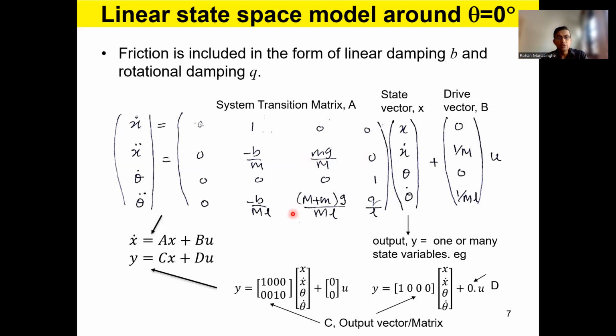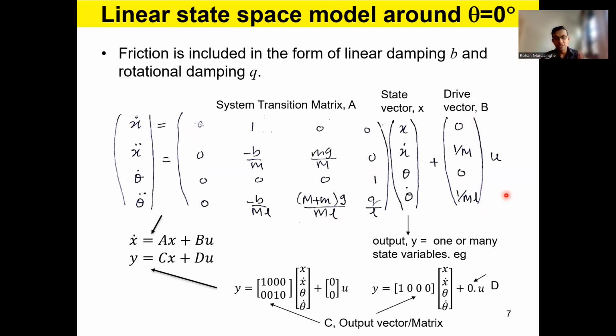Also, in these two equations, second and fourth, we saw the control signal as part of them. 1 over capital M in row number 2, and 1 over capital M times L times U as part of the fourth row. You assemble the state vector, the rate of change of the state vector, the system matrix, and also the drive matrix or drive vector.